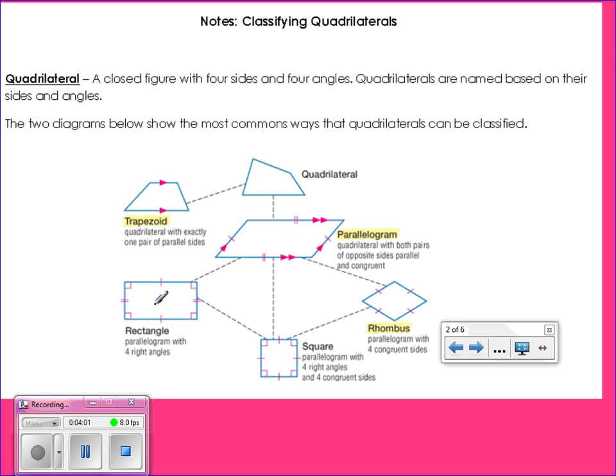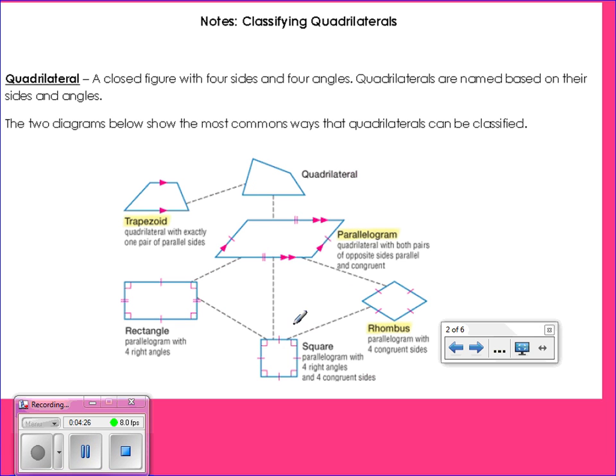And a special kind of rectangle is a square. Okay? A square has four right angles, but it has four congruent sides. All the sides are the same. The difference between a rectangle and a square are the congruent sides. A square has four of them. A rectangle has two pairs. Top and bottom, left and right.